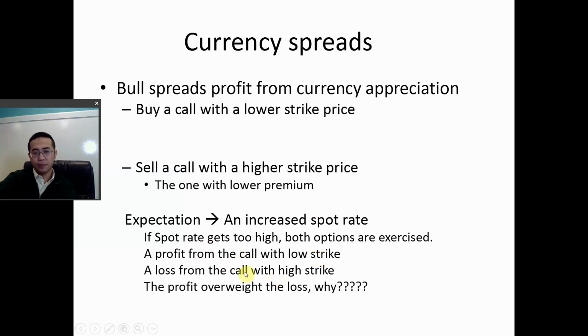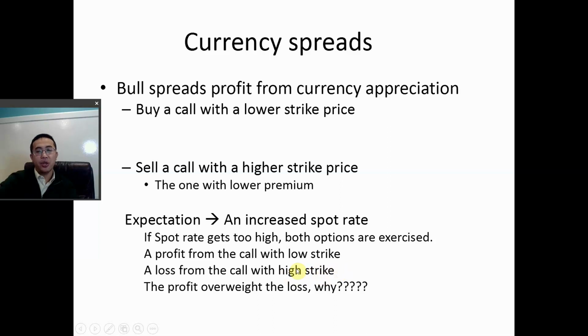Well, it's because when this call option is exercised, you will buy at a lower strike, and when the other call option is exercised, the buyer of that call option, you are not the buyer, you are the seller for this call option, would buy at this high strike.